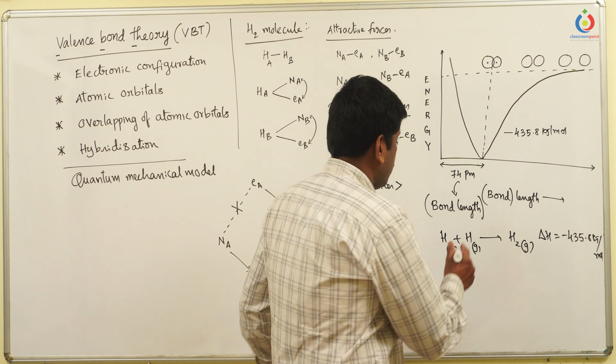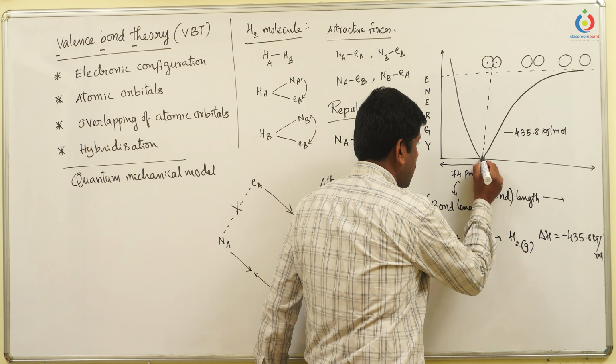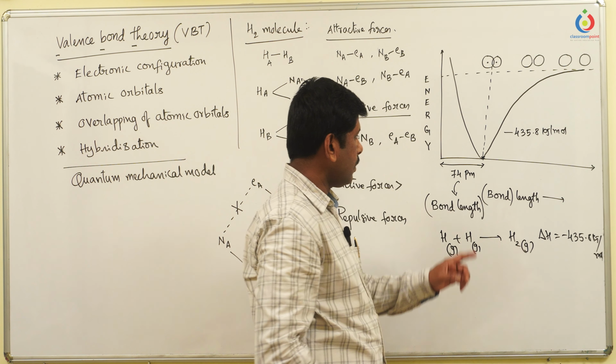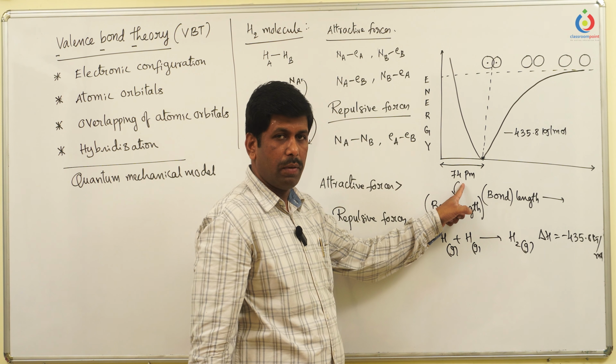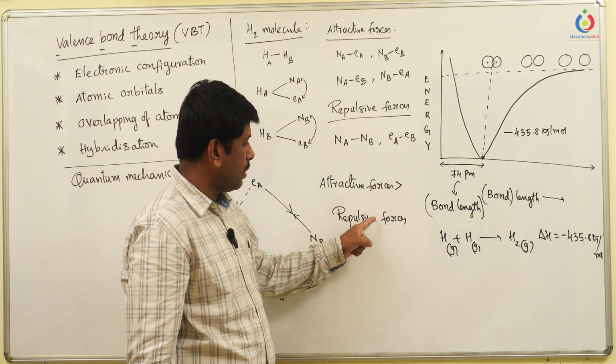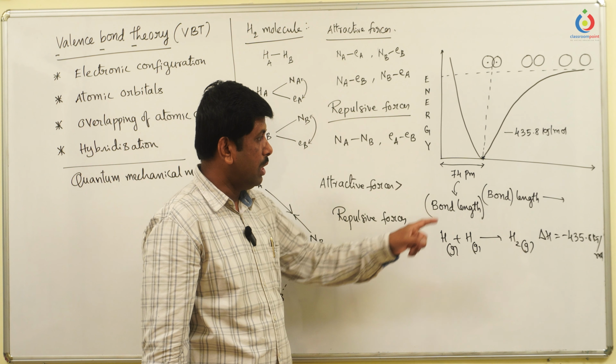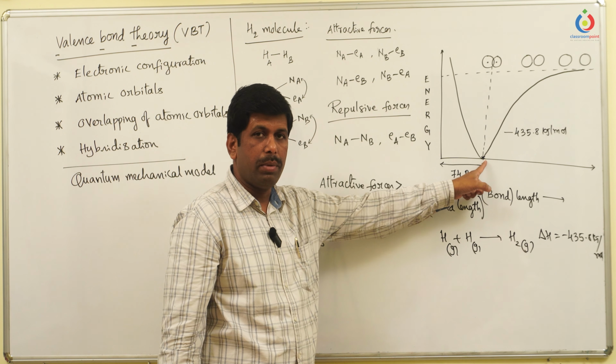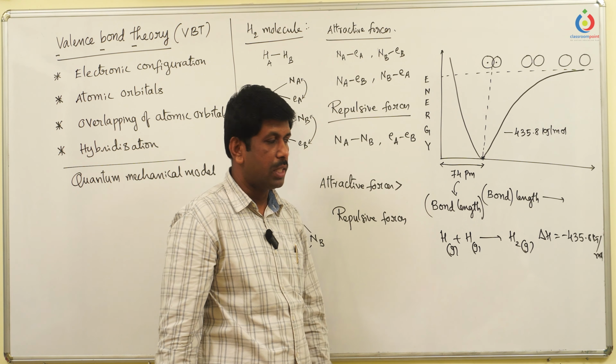And what type of forces exist at this particular point? At 74 picometers of distance in the H2 molecule, the attractive forces become equal to the repulsive forces. So this we can consider as the equilibrium distance, that is 74 picometers.